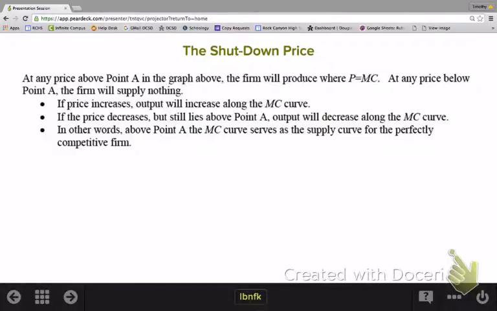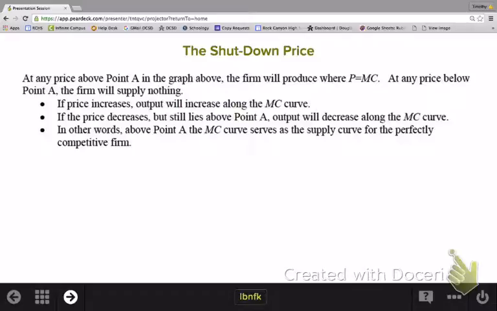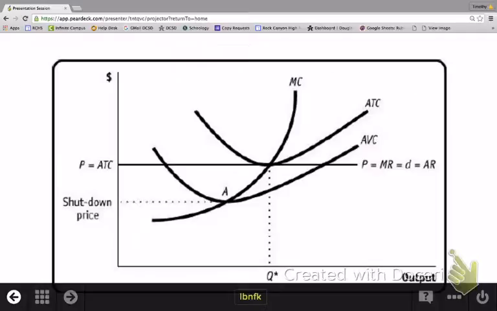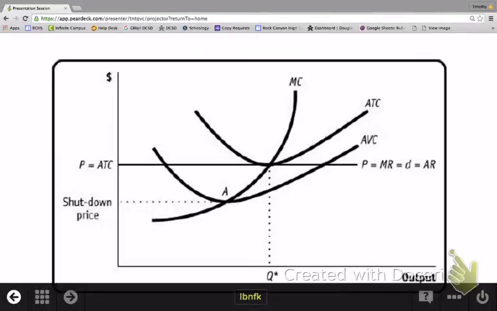So at any price above point A, in this graph that we looked at here, the firm will produce where price equals marginal cost. But at any price that's below point A, the firm will supply nothing and shut down. So if price increases, output will increase along the marginal cost curve.